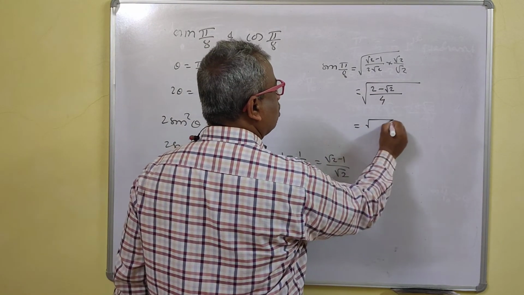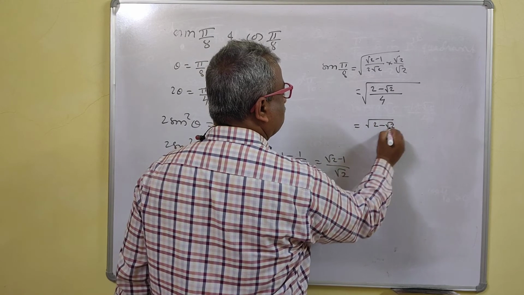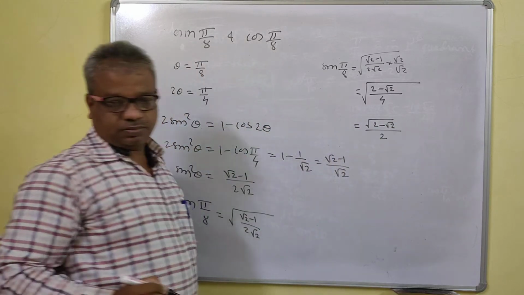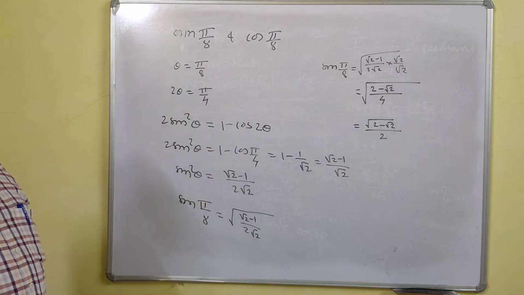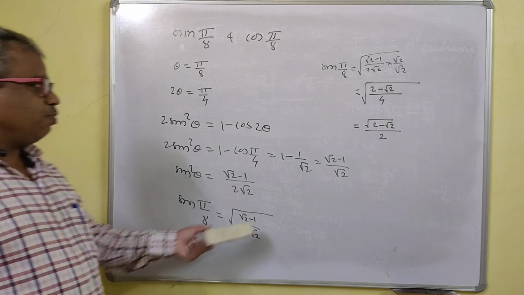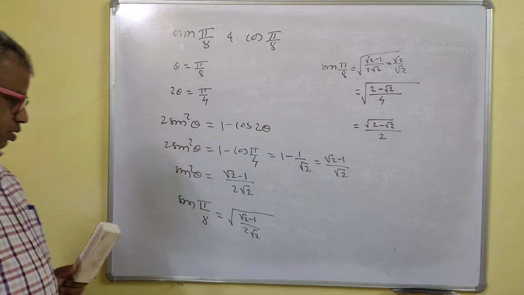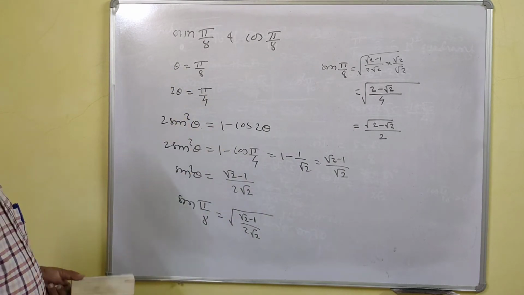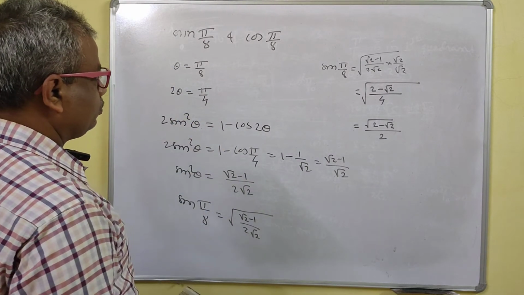So this is root of 2 minus root 2, upon 2. If you want to simplify, this will be your value. But it is better to simplify for our convenience. Okay?